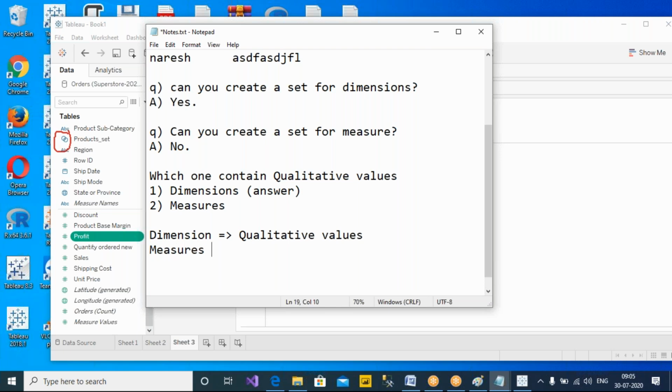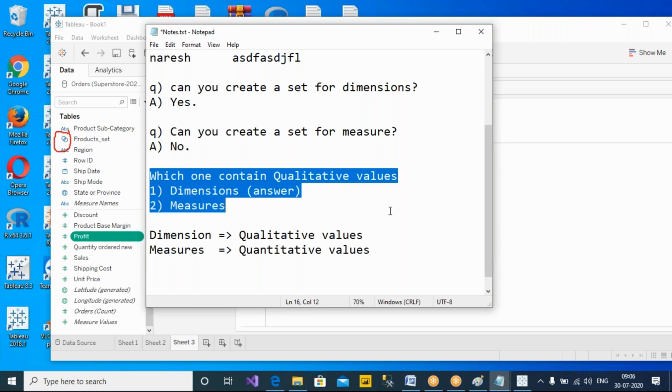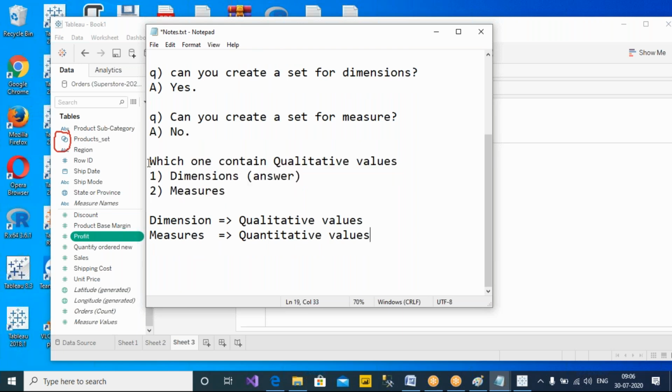And measures contain quantitative values, so measures contain quantity, how much. Dimension contains qualitative, which means just the names. That's the difference, and this is one of the commonly coming questions nowadays from the last one year. Remember, it is a very frequently coming question. This carries maybe 3 marks, something like that.